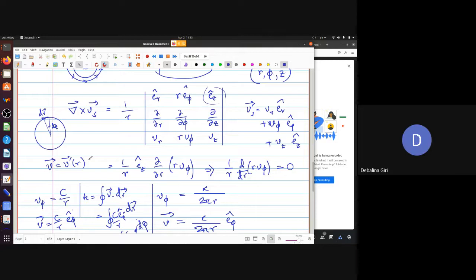Sir, can you please repeat once again? So this whole thing has been like this. For superfluid, Vs is irrotational, so its curl is 0. If the curl is 0 everywhere, then the circulation kappa has to be 0 because Stokes theorem would tell you that.